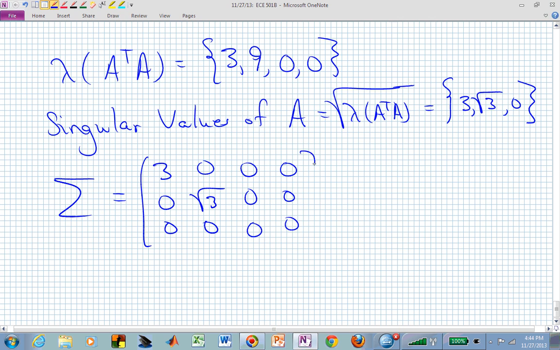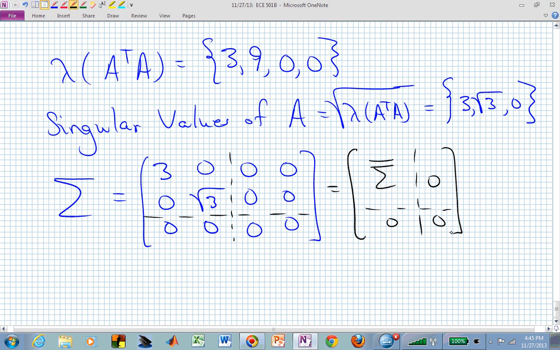So we could think of this as a smaller non-zero diagonal matrix, sigma bar, with zero submatrices surrounding it.